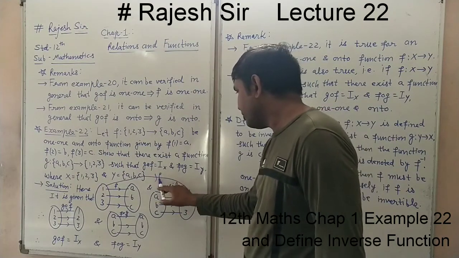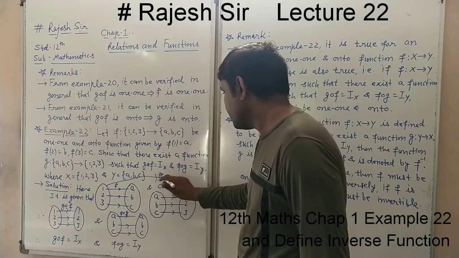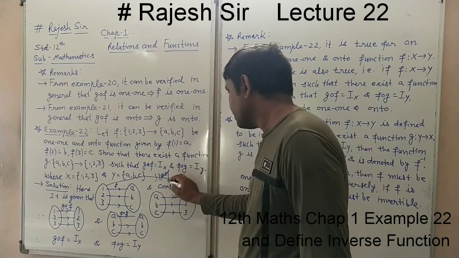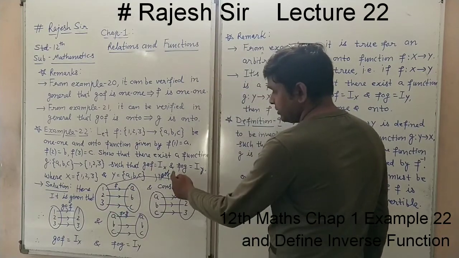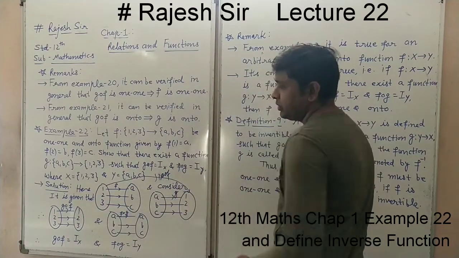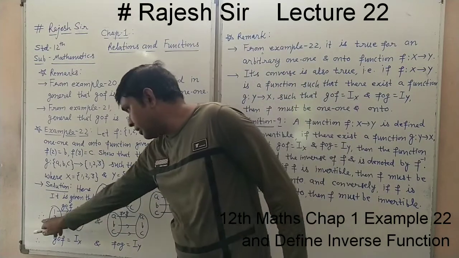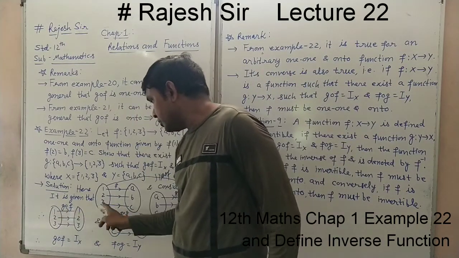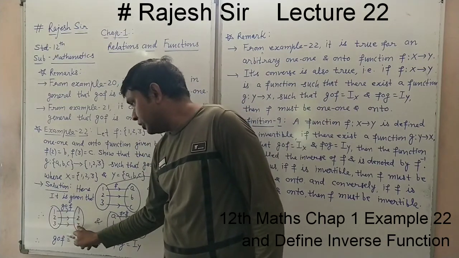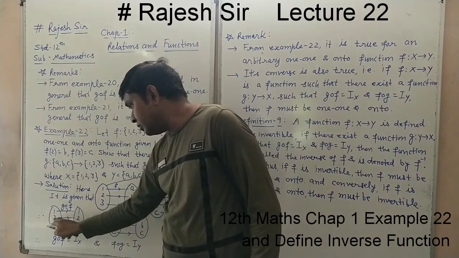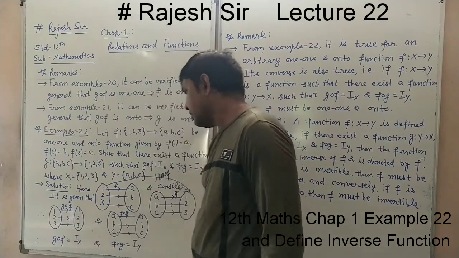This is GOF, whose elements will be 1, 2, 3 and image will be 1, 2, 3. So therefore GOF equals, because of these two, 1, 2, 3's image is 1, 2, 3: 1's image is 1, 2's image is 2, 3's image is 3.